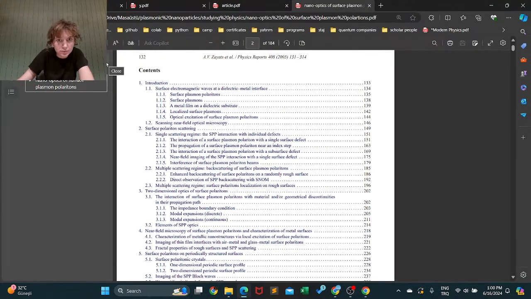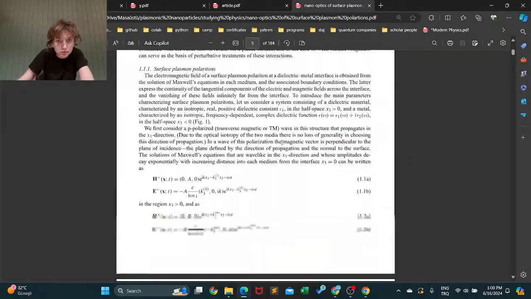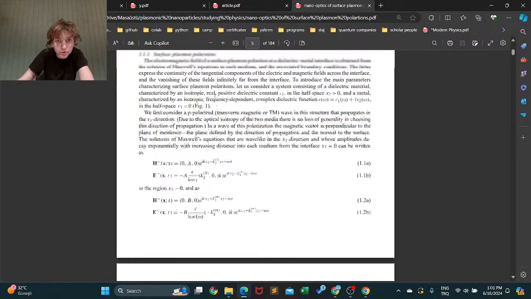This can also help us maybe. Here's boundary condition. Above the boundary, below the boundary.